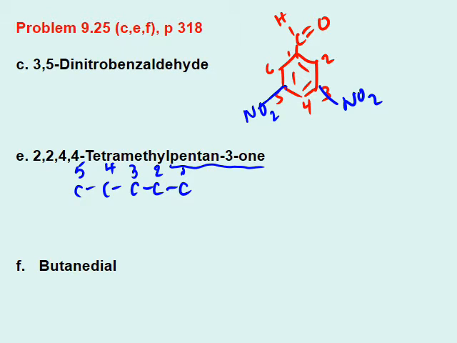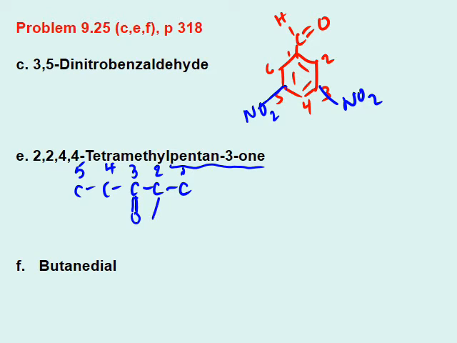Now what I'm going to do next is stick in the functional group, ketone group, in the third location. So ketone group is C double bond, you know that. So that's C double bond O, and you need to have 2 C's on 2 sides. So that's ketone group that gives pentan-3-one. And now we have 2,2,4,4.